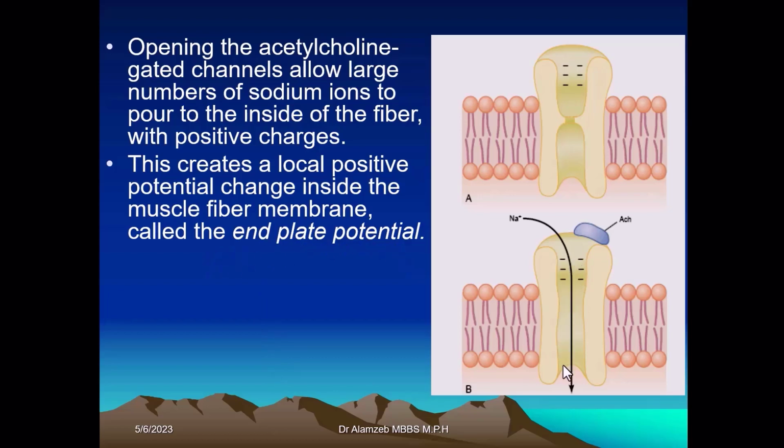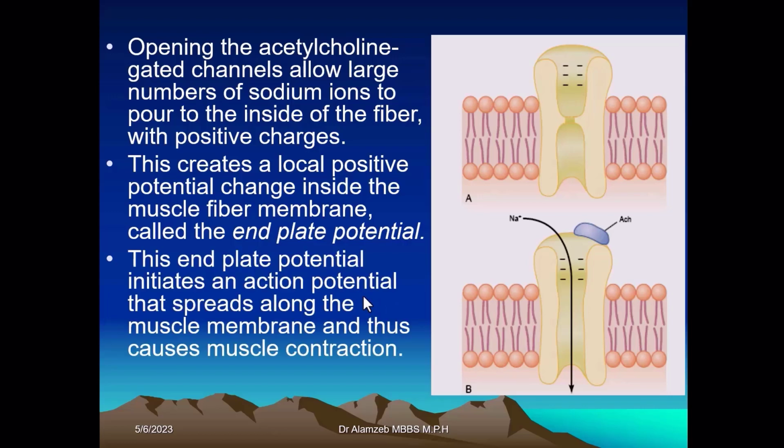When the sodium enters the muscle through these receptors, it causes a potential, which is an end plate potential or receptor potential. This is not an action potential, but it is a receptor potential. This end plate potential initiates an action potential that spreads along the muscle membrane and thus causes muscle contraction.